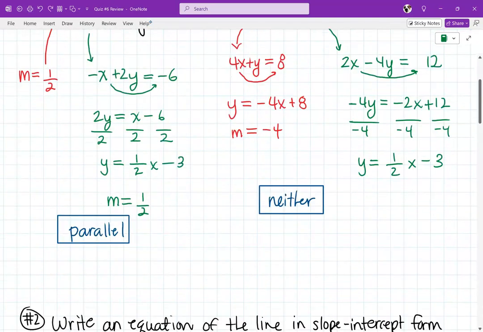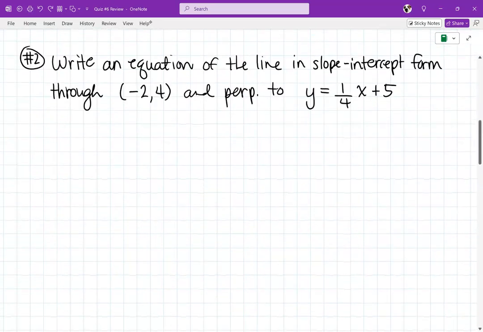All right, here's another one. This one says write an equation of the line in slope-intercept form through the point -2, 4 and perpendicular to y equals 1/4 x plus 5.